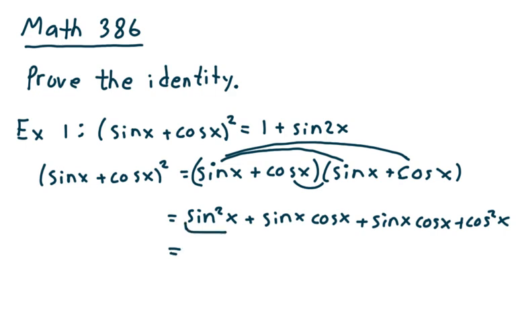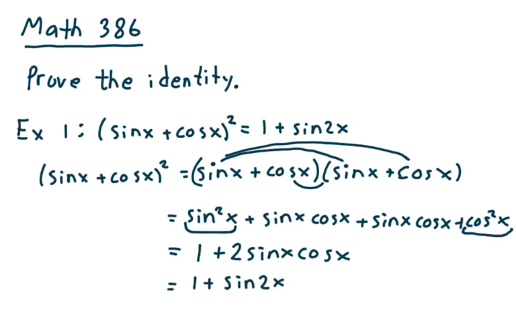Now, if I take sine squared x and add cosine squared x, I get 1 back. And so this is 1 plus 2 sine of x cosine of x. But this is equal to 1 plus sine of 2x.